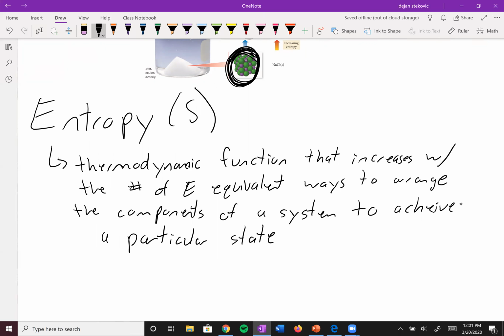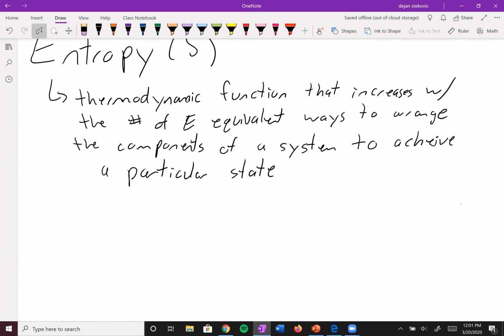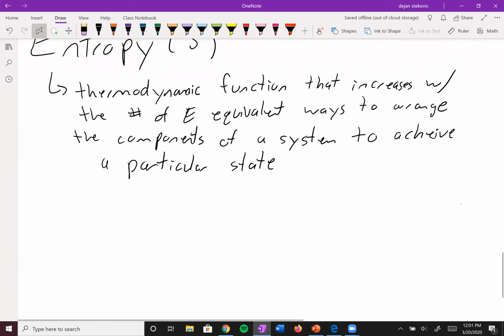Energy equivalent ways to arrange a particular state. So the more ways you can arrange a system to still achieve a particular state, the more entropy it has. And so it gets this formal equation of S equals k ln W.